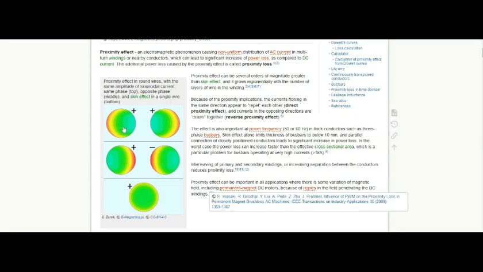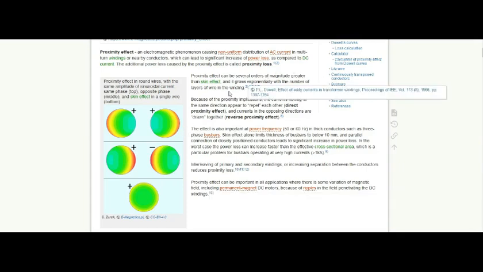If you have 3 layers, the proximity effect is worse because it hits here and then it hits the next layer, and then this one's also hitting there and hitting the next layer. So adding layers makes things real. That's why it becomes orders of magnitude greater than skin effect.